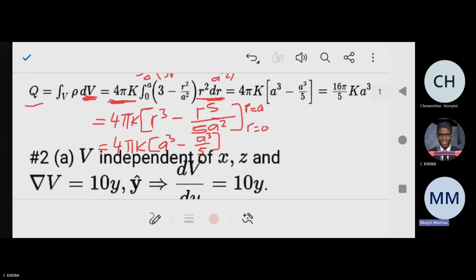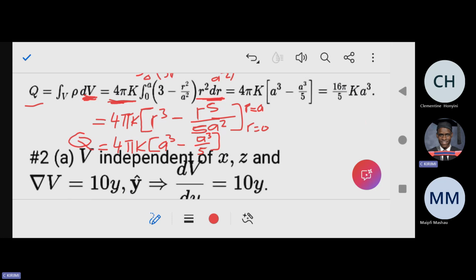Then that is the value of your q. But you are looking for a constant. Remember, your mission is to find the constant k.